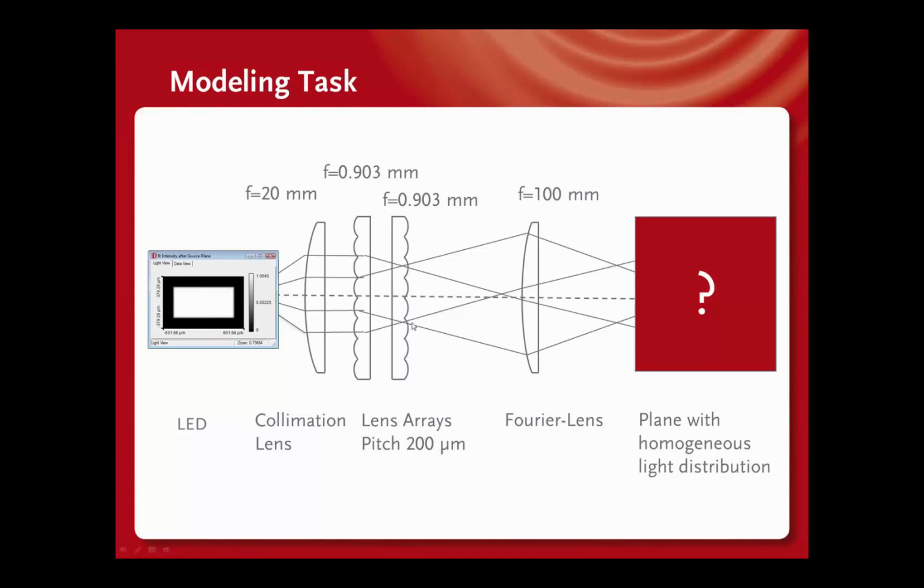And these point spread functions are cut by the apertures of the second lens array lenses. Because of this cutting process of the point spread function, we get diffraction effects, some filter effects that can lead to serious intensity distortions and modulations in the image plane.